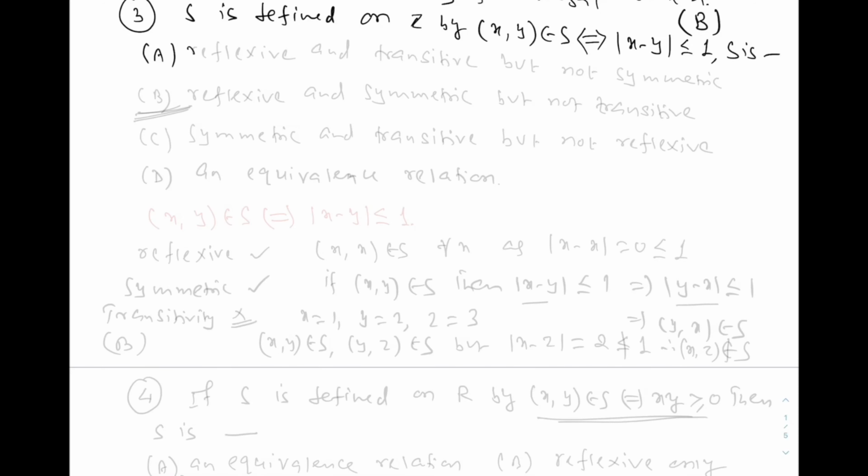So the options are: reflexive and transitive but not symmetric. Another option, reflexive and symmetric but not transitive.